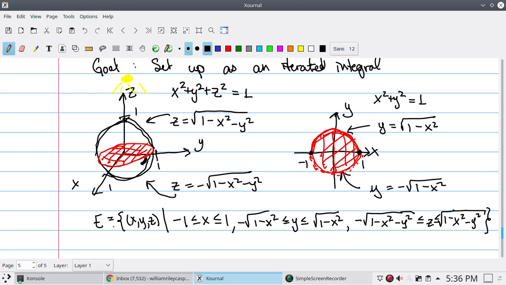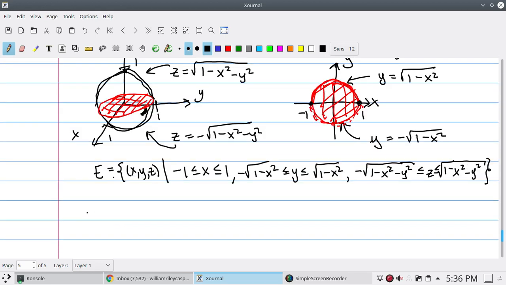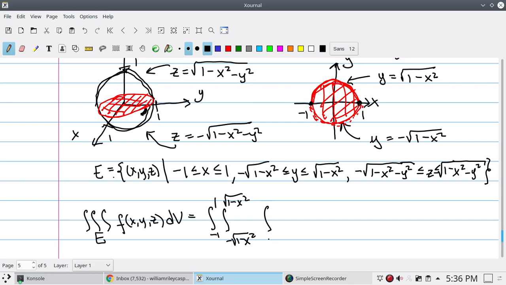Once I have everything in this form, it's very easy to write down the triple integral as an iterated integral. The triple integral over E of f of x, y, z dV simply becomes the integral from -1 to 1, the integral from minus the square root of 1 minus x squared to the square root of 1 minus x squared, and then the integral from minus the square root of 1 minus x squared minus y squared to the square root of 1 minus x squared minus y squared of the function I'm integrating, f of x, y, z.